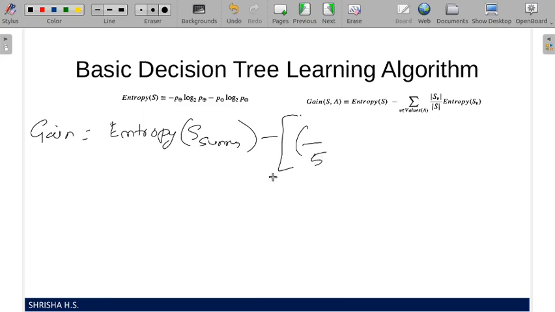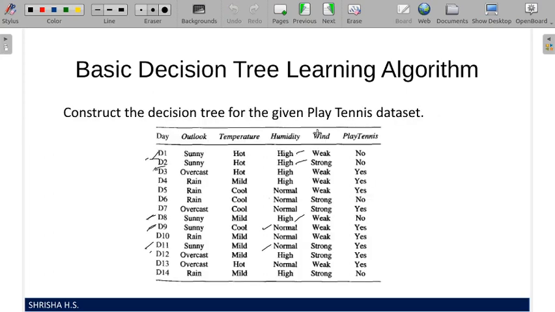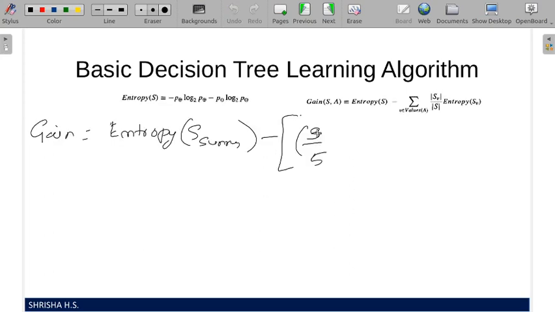Out of 5, 3 are high humidity and 2 are normal humidity, where our outlook is sunny.